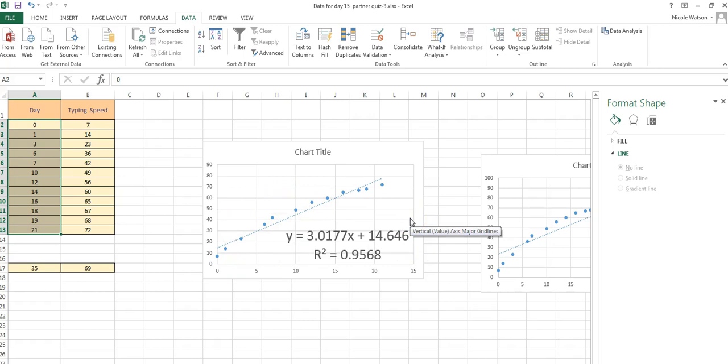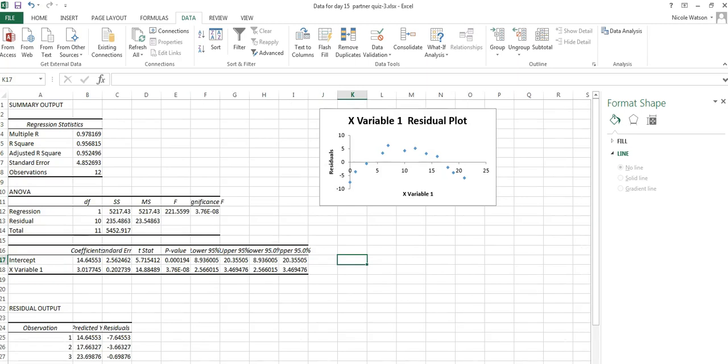Number 16, is there evidence that the least squares regression is a good model for this data? No, actually, because look at this right here. Let's take a look back at this plot again. And I want you to kind of look at this. See how if you actually look at this, look at what's going on here.